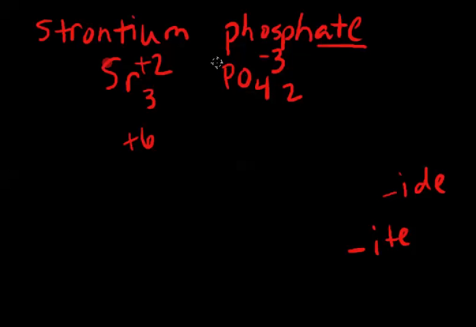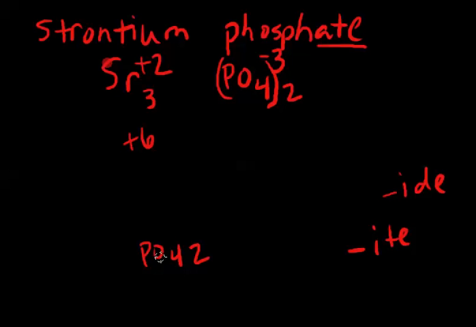Now, whenever you need more than one of a polyatomic ion, you have to put it in parentheses, because phosphate's formula is PO4. If we don't put the parentheses and we just say I need 2 phosphates, written like this, you don't have 2 phosphates.